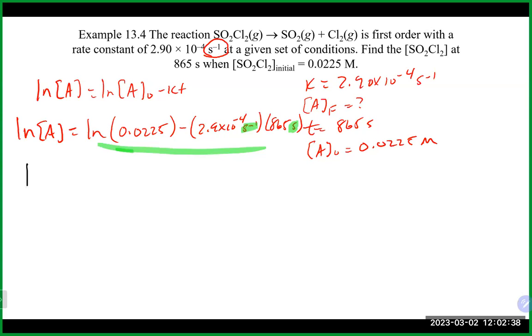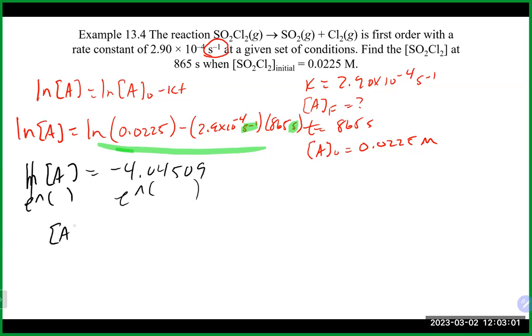That's going to give us the natural log of A will equal minus 4.04509-ish. To get rid of the natural log on the left-hand side, we need to take the E of both sides. So we're going to E that guy up as well. When we do that, those pretty much just go away on the left-hand side. We end up with A, and where did it go? My calculator, there it is.